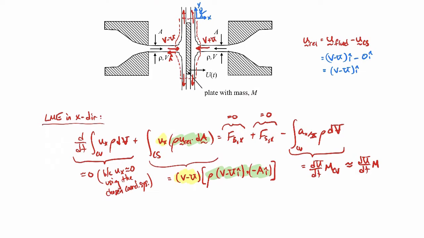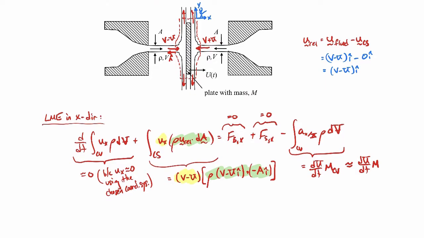They add together. And again, it's helpful to look at some extreme cases to double check that you have this right. Let's say u is 0, then it should look like it's coming in with a velocity v, which it does. And if u is approaching v, then they should add together, right? It should look like the fluid's coming at us faster, and indeed we do have it added together. So it looks like it's correct.